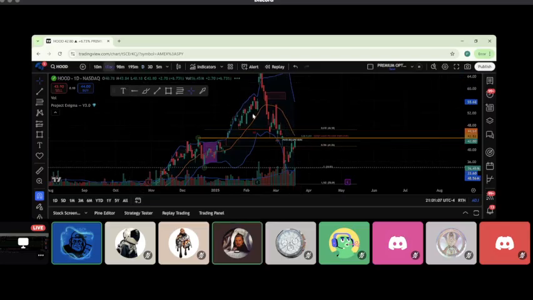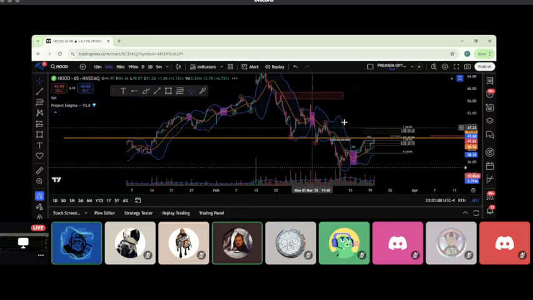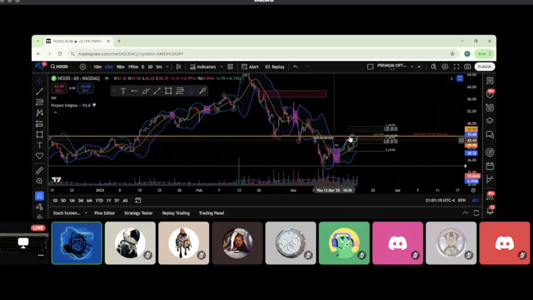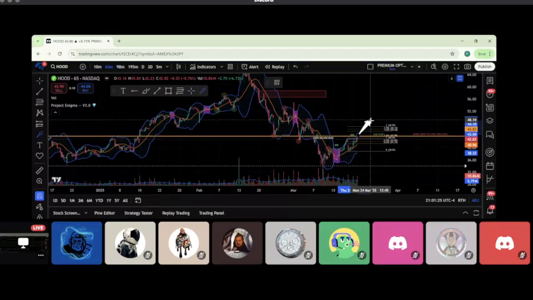This is a possible rejection area, so if the market turns down you could get puts. But if it gets any candles that close above this horizontal level, you're probably going to see a massive push up because this is such a huge range. It was a really important level to break over.